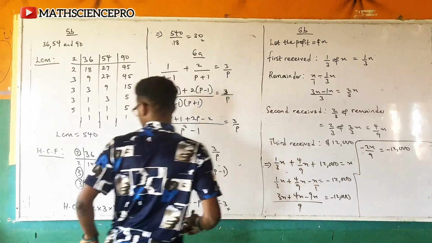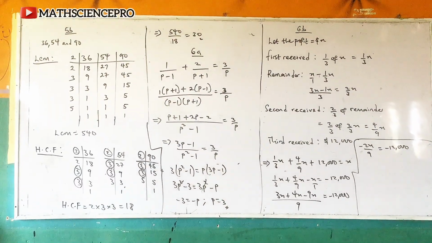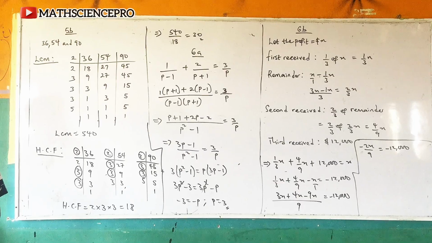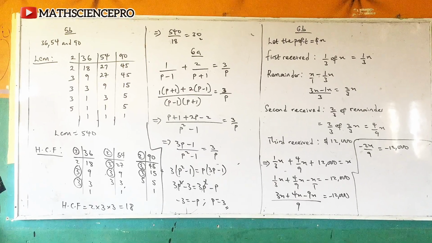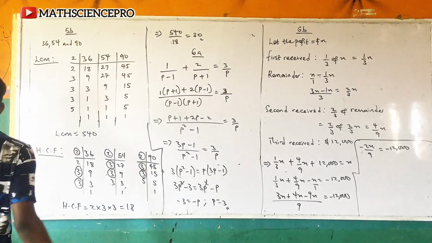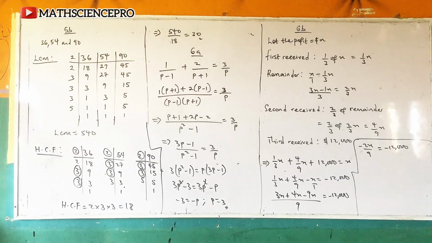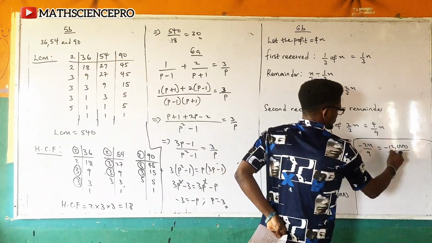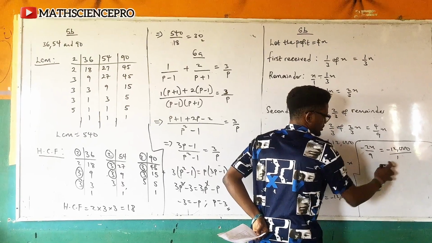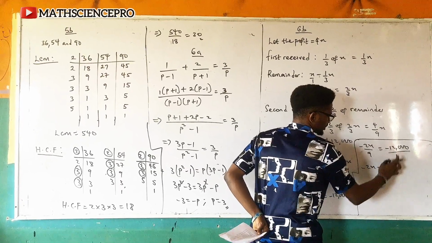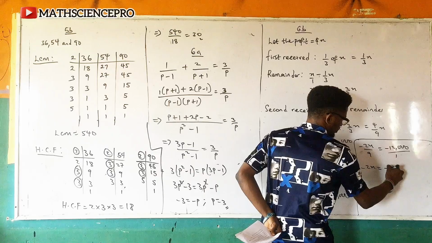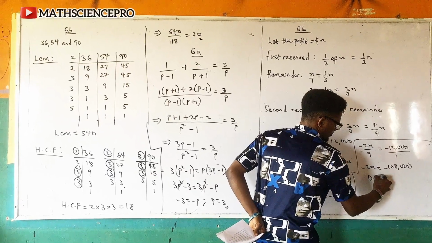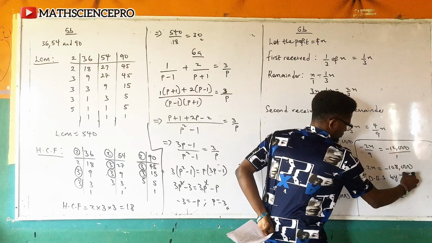Alright, so sorry for the break. Let's continue quickly. So we're going to cross multiply. Minus 2x times 1 is going to be minus 2x. 9 times negative 12,000 is going to be negative 108,000. So divide both sides by minus 2.